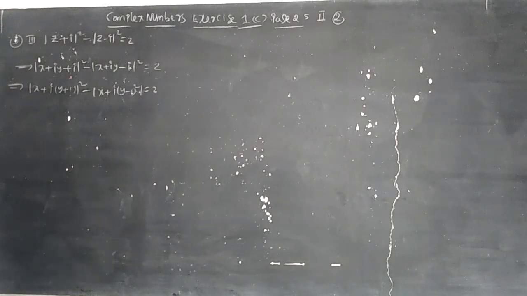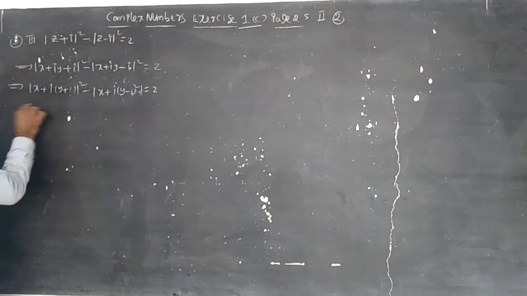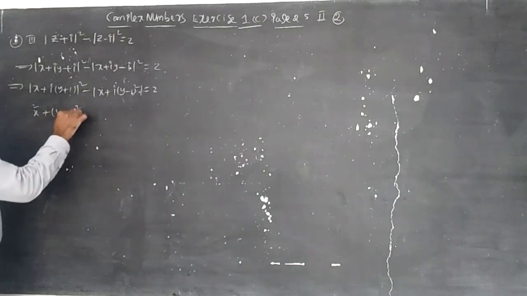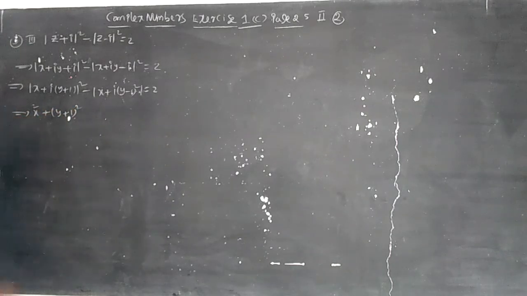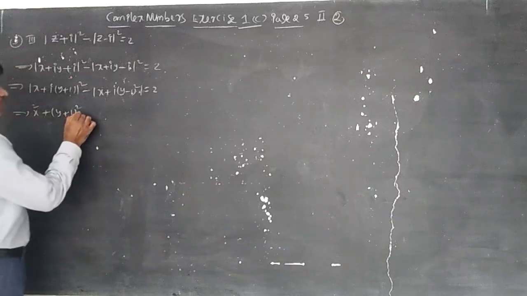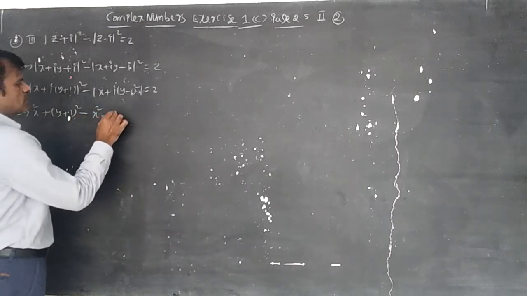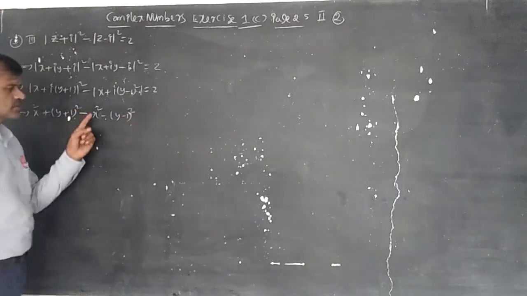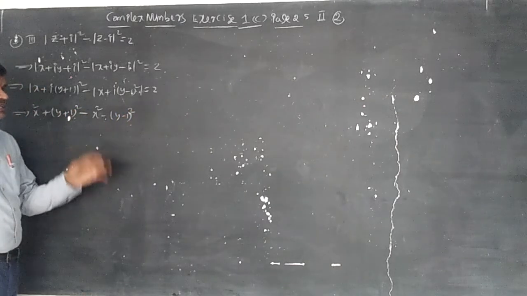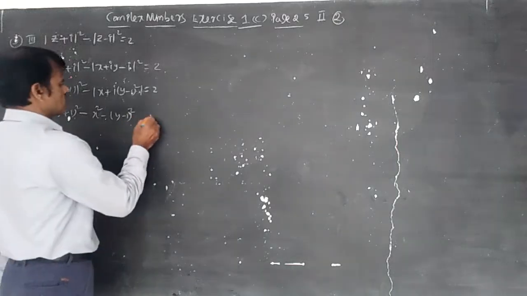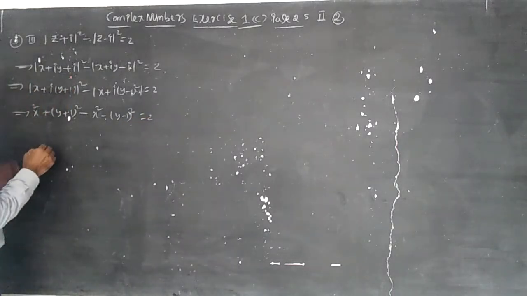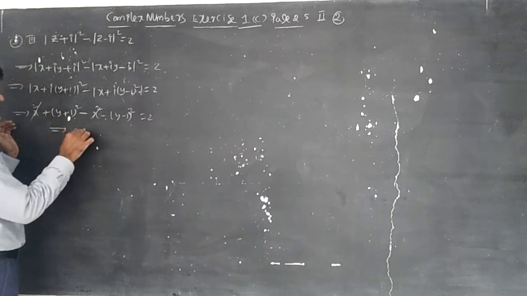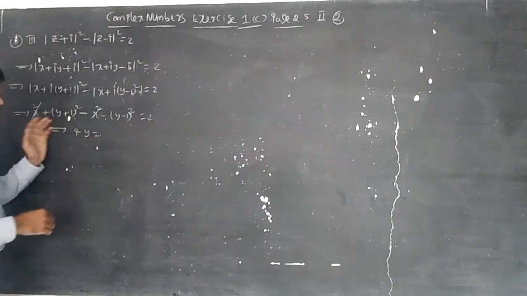Modulus whole square means simply real part whole square plus imaginary part whole square. So x square plus (y plus 1) whole square, minus, within brackets, x square plus (y minus 1) whole square, is equal to 2. Here x square will get cancelled. (a plus b) whole square minus (a minus b) whole square is equal to 4ab.